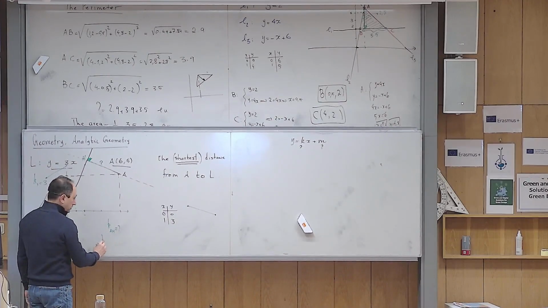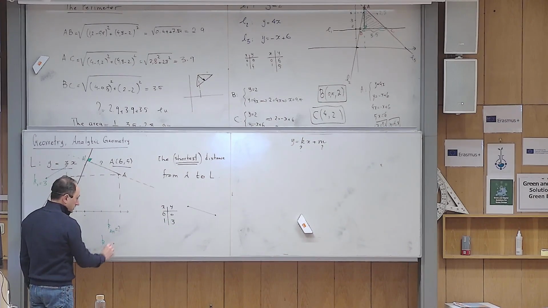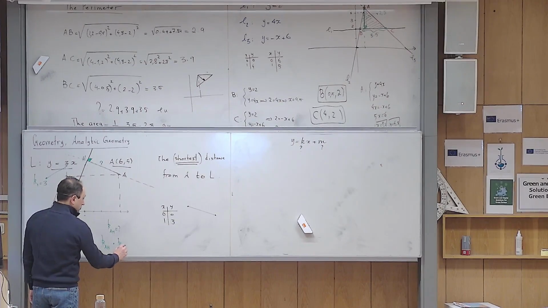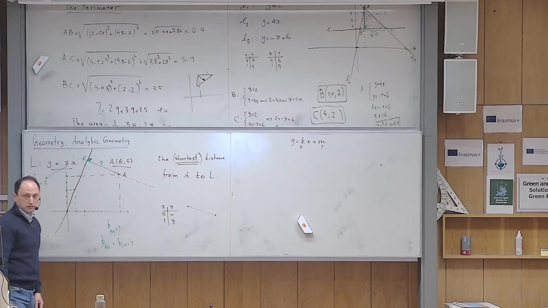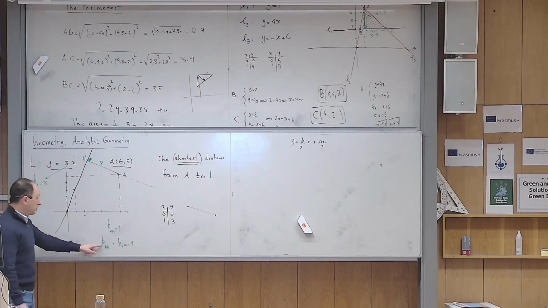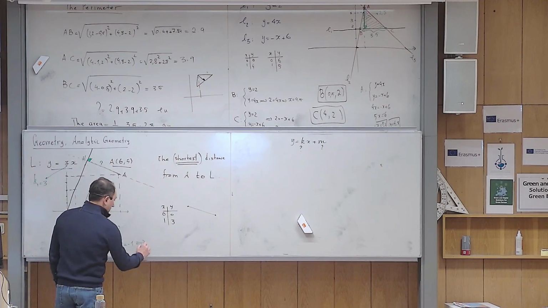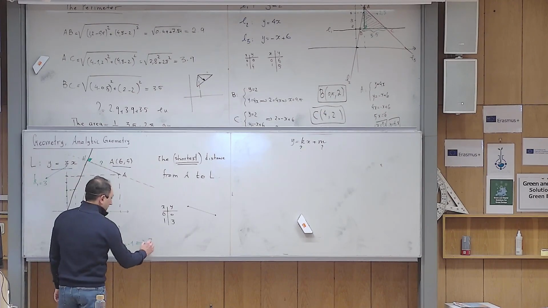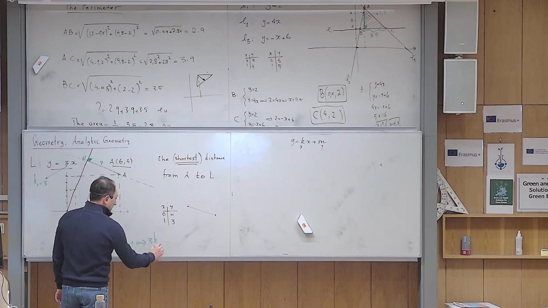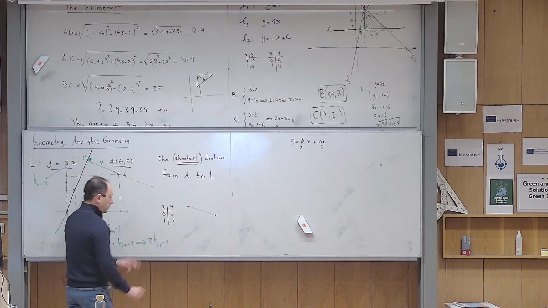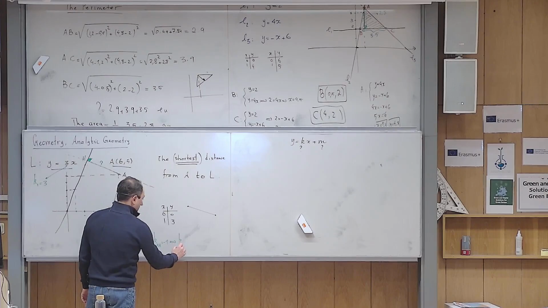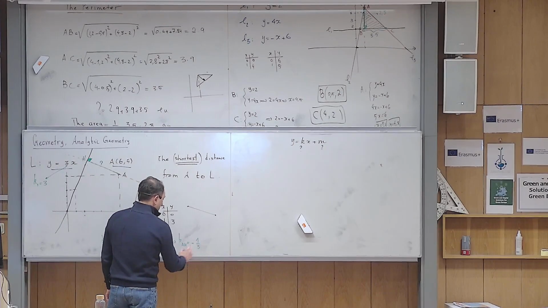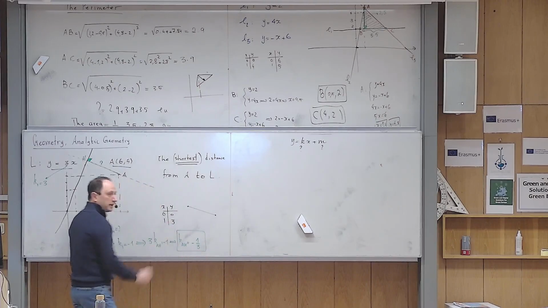The k value of AH multiplied by the k value of this one should be -1. K value of AH is not known to me, but K1 is 3, so it becomes 3 KAH, which is -1. And I want to isolate that. So KAH is what? -1/3. So the k value is found.